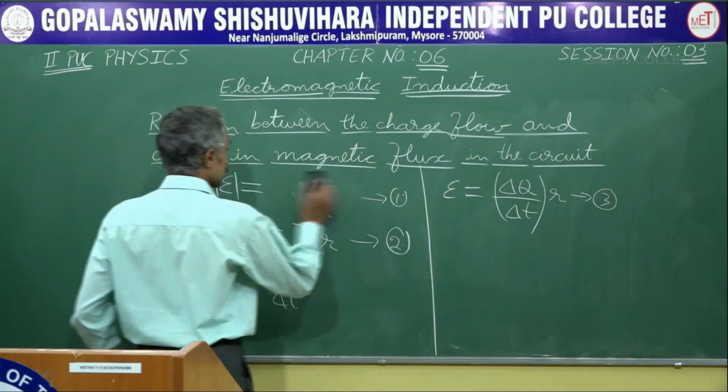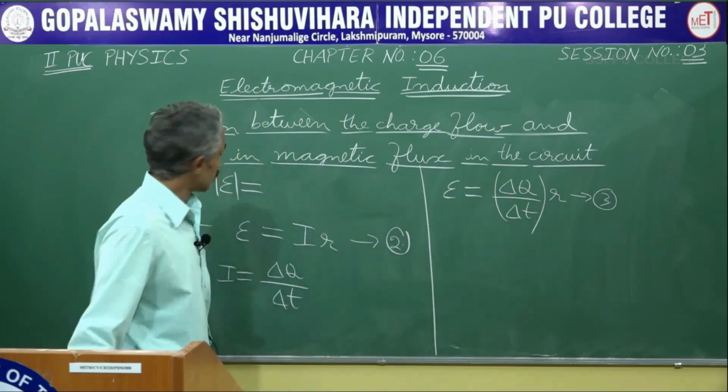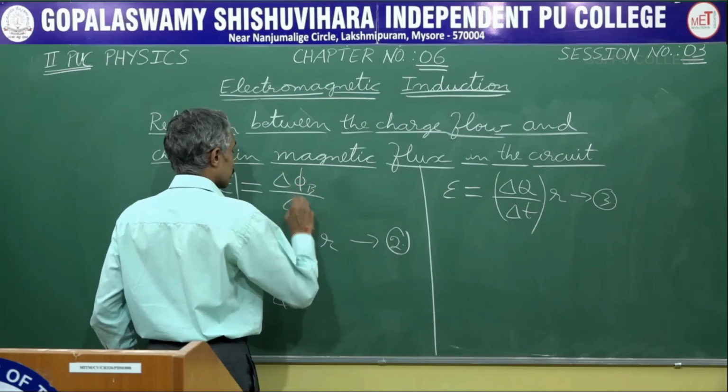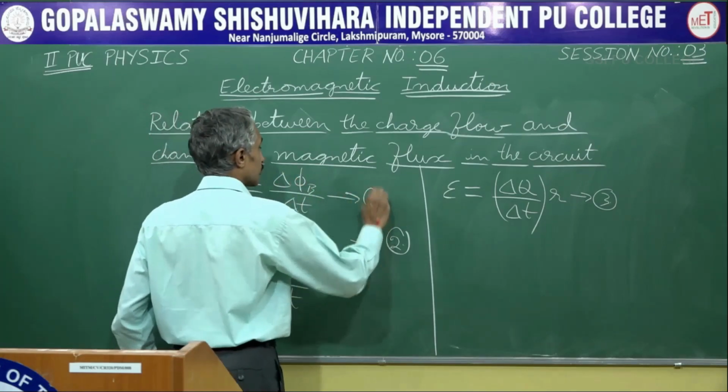For small changes, it can also be written as delta phi by delta T.